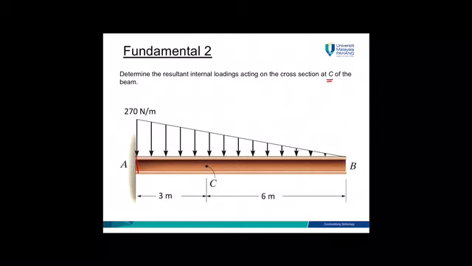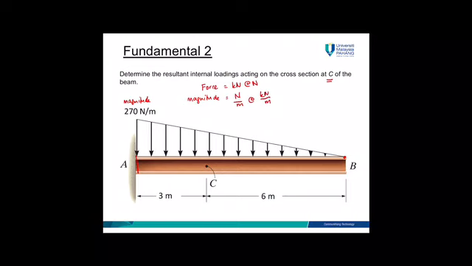For linear distributed load, you need to convert the magnitude into forces. You know that unit for force is kilonewton or newton. This is a magnitude. Magnitude, the unit is newton over meter or kilonewton over meter.